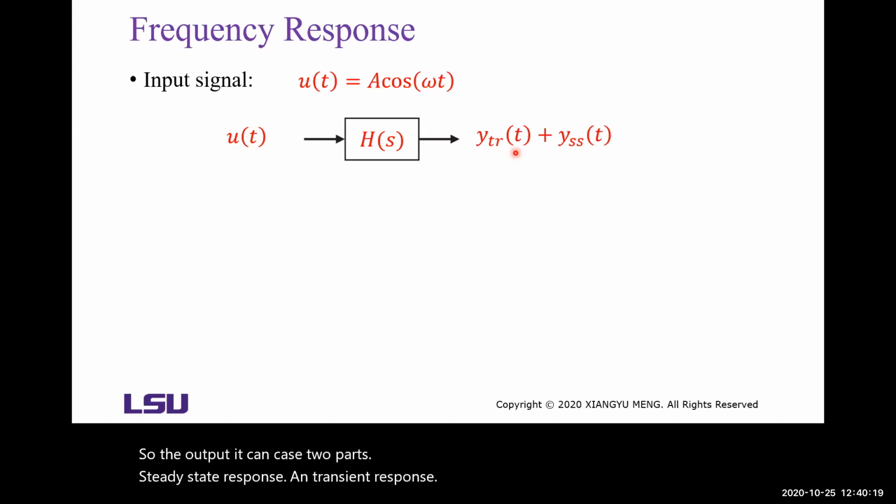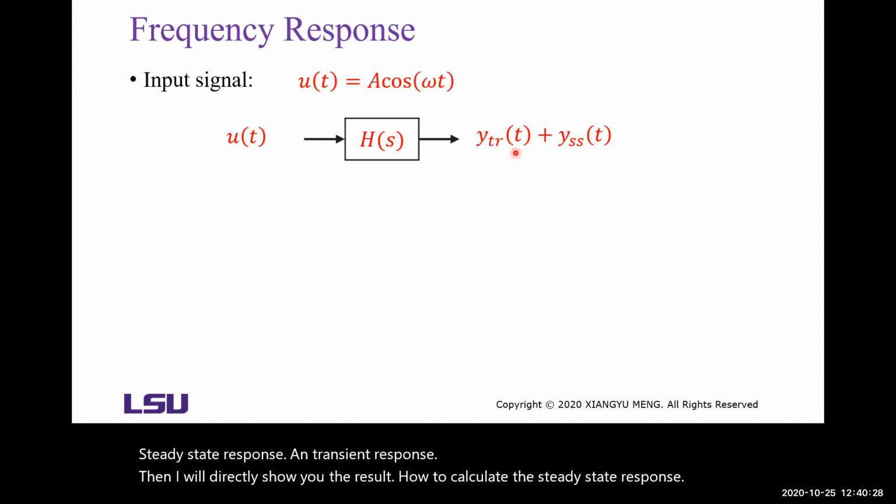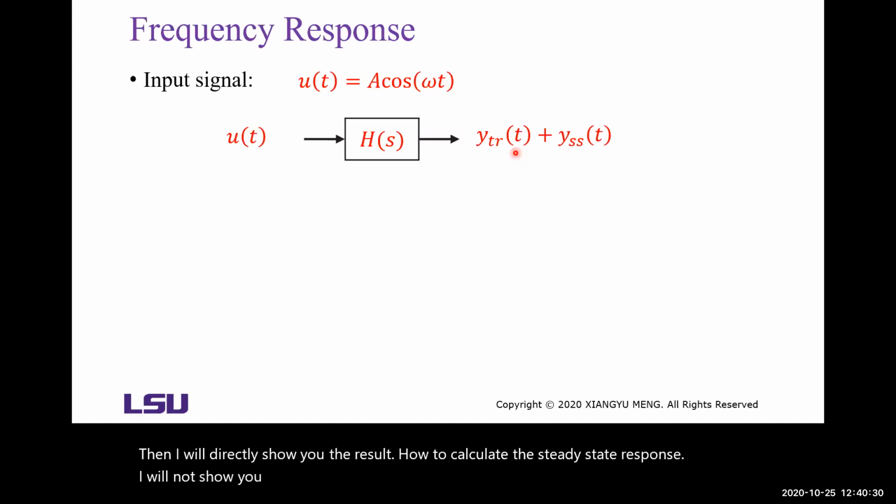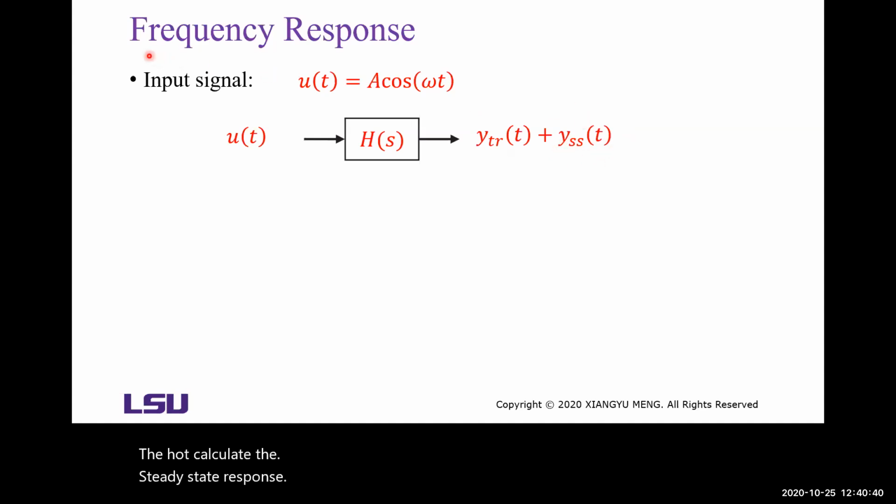Then I will directly show you the result, how to calculate the steady state response. I will not show you the mathematical derivations. So how to calculate the steady state response, that is the frequency response.